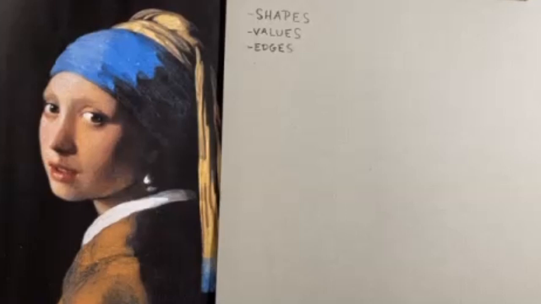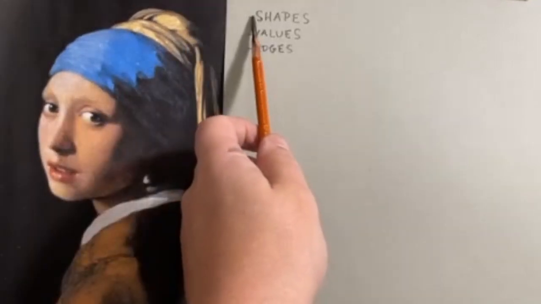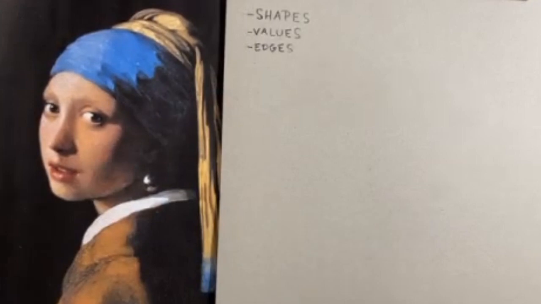So I like to break it down into three categories when I'm doing a tonal study for a drawing or a painting. I want to create something that has interesting shapes, so shapes is the first thing I start thinking about. The next thing is to designate a specific value to each shape.